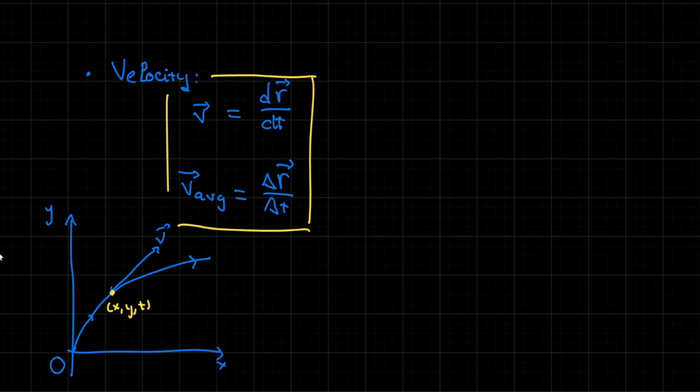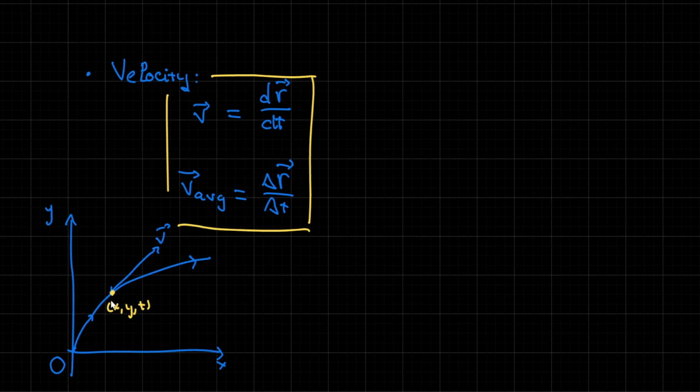But of course, working with vectors like this all the time will be quite hard, and so we can actually take the components of the velocity vector. Here I have the graph that shows the motion of an object.